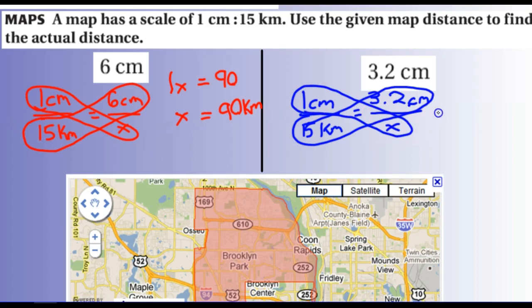One times x is 1x. 15 times 3.2. Let me get my calculator out here. Gives me 48. So 1x, or just x, equals 48.